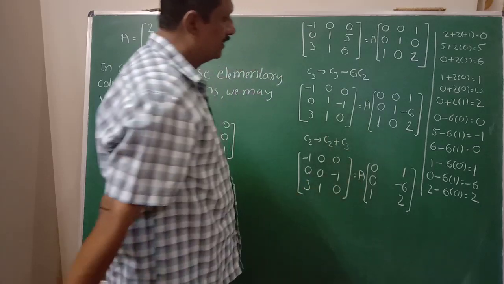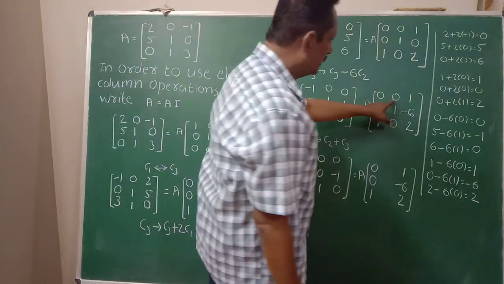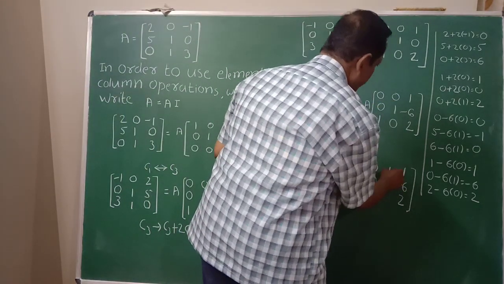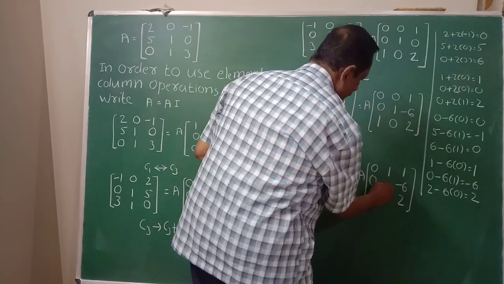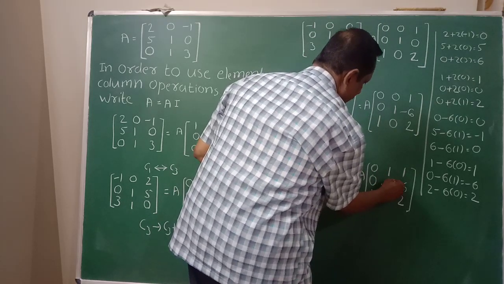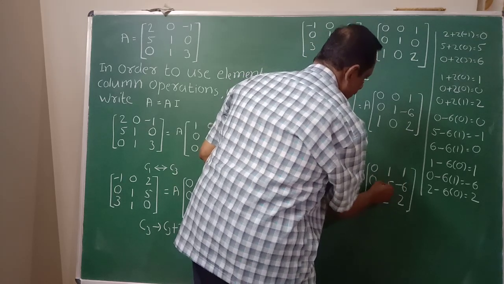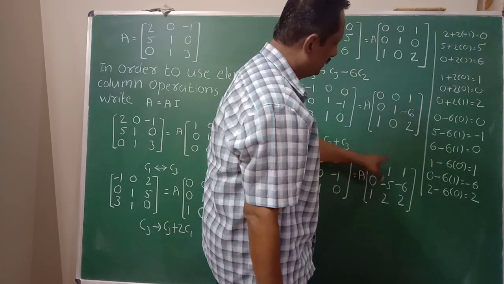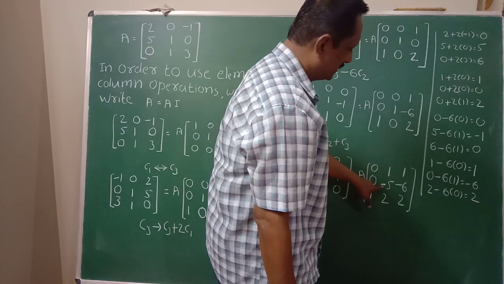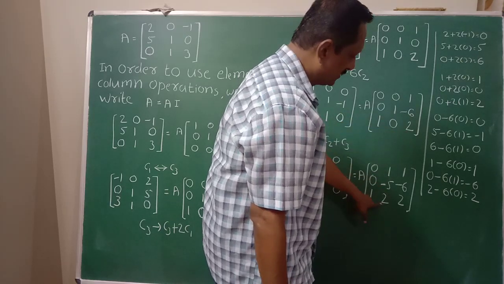Similarly on the right side, 0 plus 1 becomes 1, 1 minus 6 is minus 5, and 0 plus 2 becomes 2.